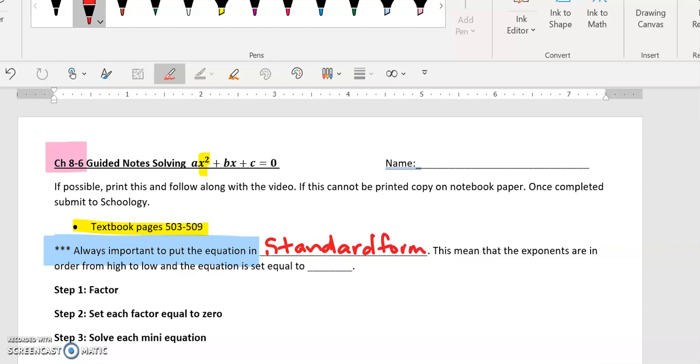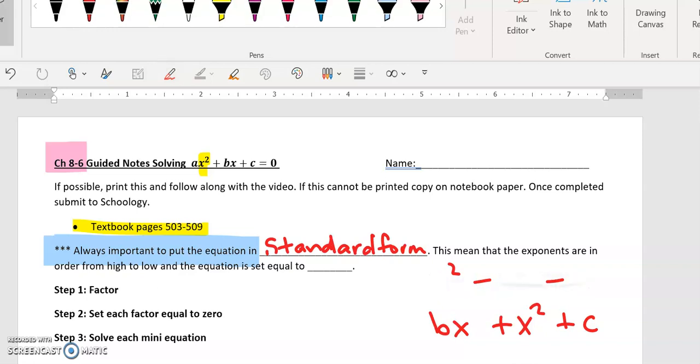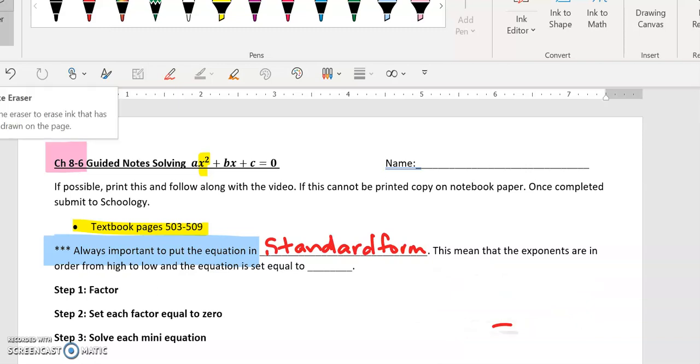This means that the exponents are in order from high to low. So x squared should always be first, x to the first should always be in the middle, and then the constant c should always go at the end. So make sure it's always in the correct order.